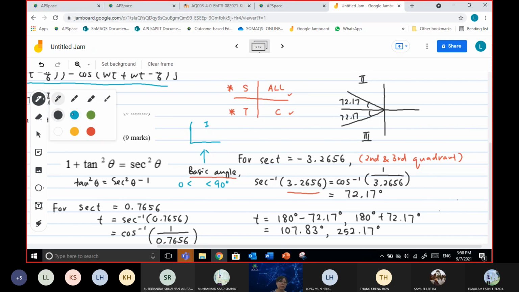When you include the negative sign, your calculator will give you this answer, which is in the second quadrant.